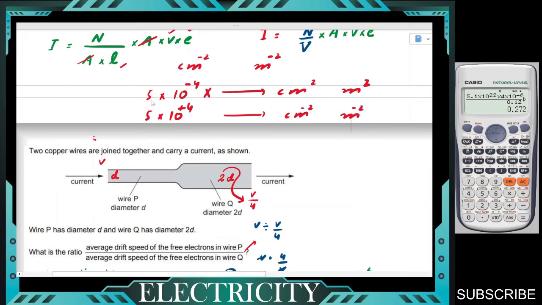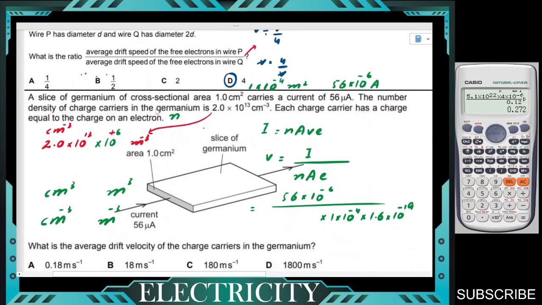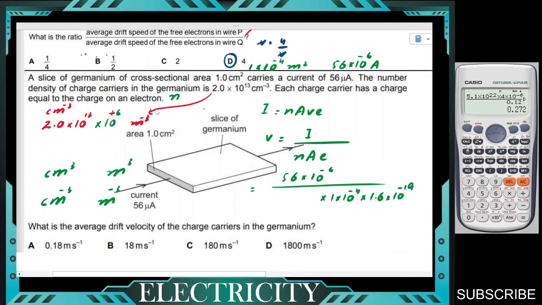So even if you think you're very good with the conversion, this is a part where you're very likely to commit a mistake. So this one would be once again 2.0 into 10 raised to the power 13 times 10 raised to the power not negative 6. If you want to write negative 6, write it in the denominator. Or here you can simply write plus 6. What do you do afterwards?